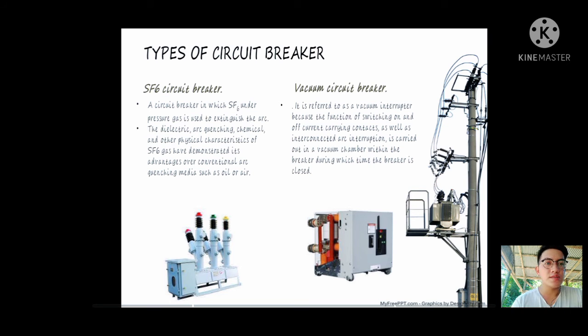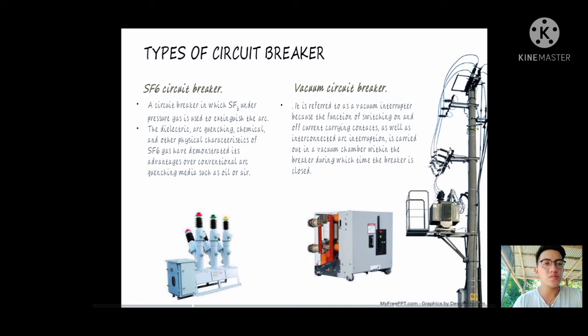Next is the vacuum circuit breaker. A vacuum circuit breaker is referred to as a vacuum interrupter because the function of switching on and off current carrying contacts as well as interconnected arc interruption is carried out in a vacuum chamber within the breaker, during the time the breaker is closed.